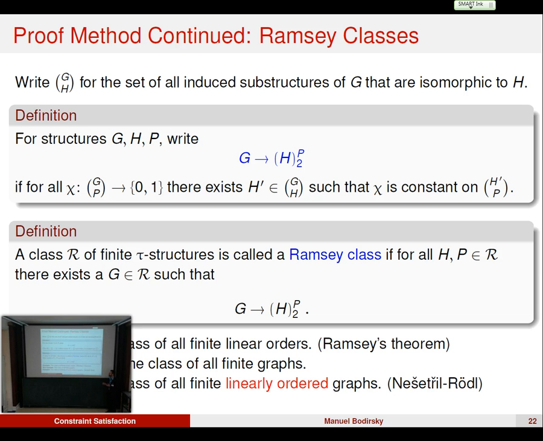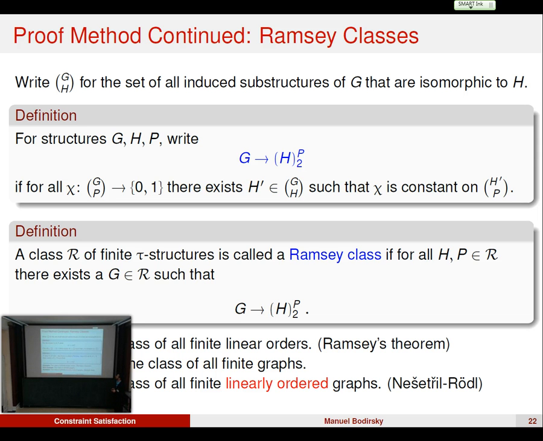But if you linearly order the vertices of those graphs in all possible ways, the class of all linearly ordered graphs is Ramsey. This is good enough for reducts, because the reducts of the random graph are in particular reducts of the random ordered graph, so adding a linear order is not a big deal for our method.